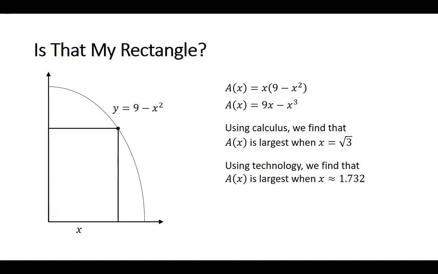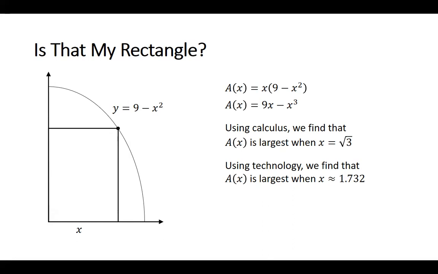The final question was finding the domain. The domain is the input. So basically, over what domain can we have x? Well, we're dealing with a rectangle, and we have two sides on the x-axis and the y-axis.